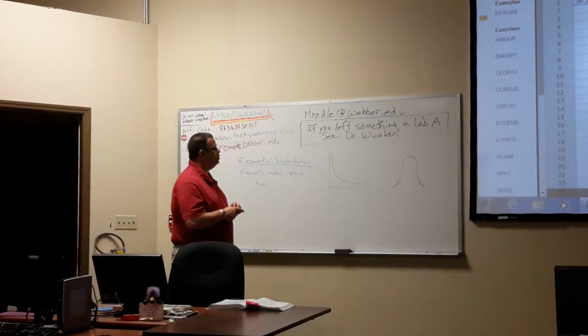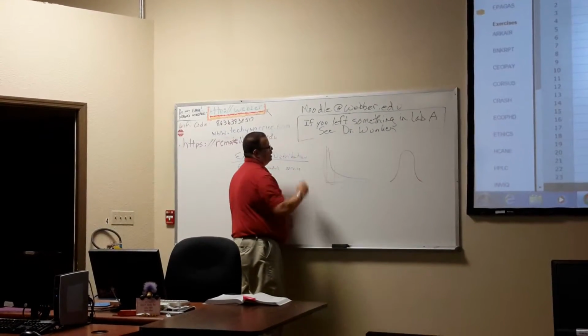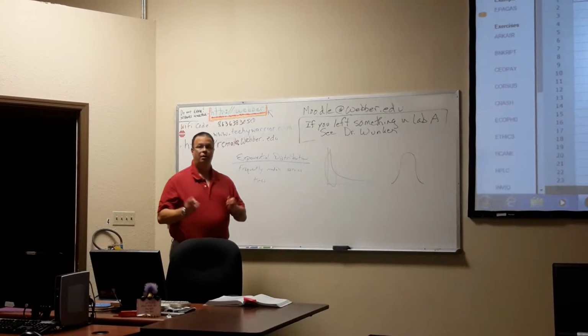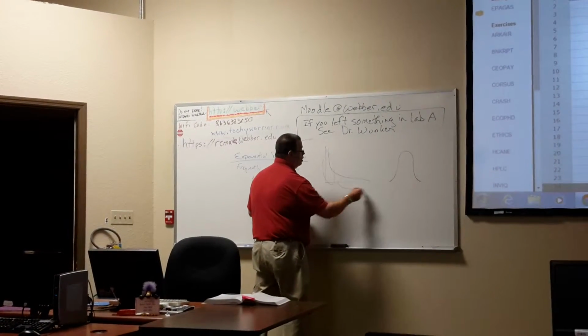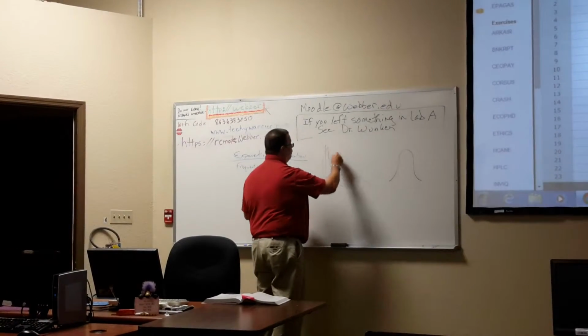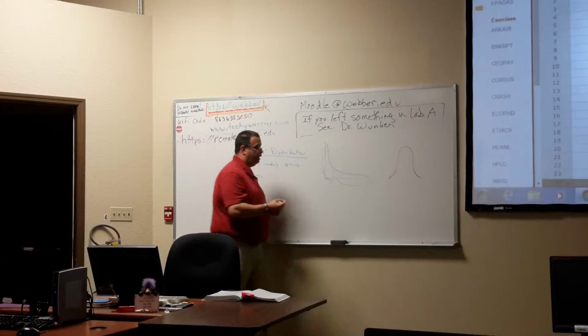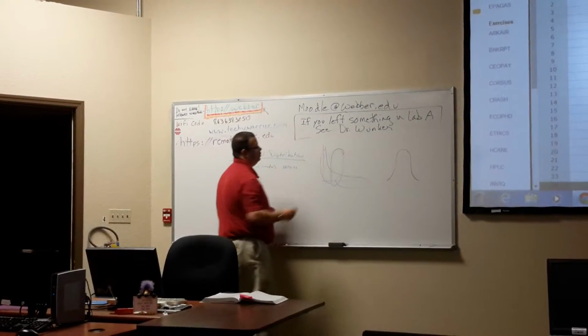But with an exponential distribution, there are a lot of observations that will happen very quickly. There are a lot of others that will take a long period of time, and there are very few in the middle.